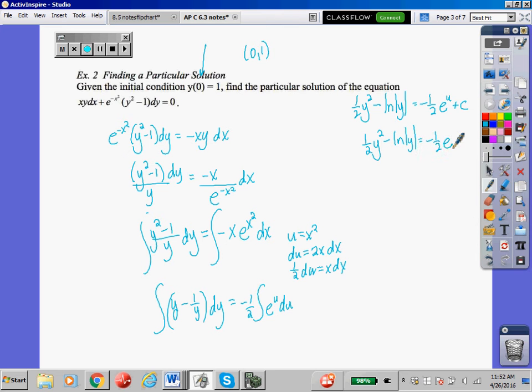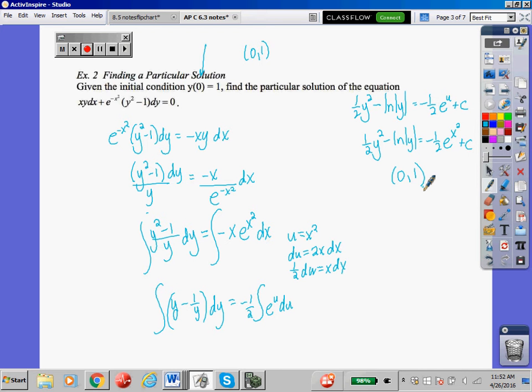Well, u is x squared. It's actually impossible to get y alone because I have a y squared and an ln y. So what you're going to do is we're going to plug in the point and find c. Usually, if you can get it to y equals, we want to go the whole way before we plug in.